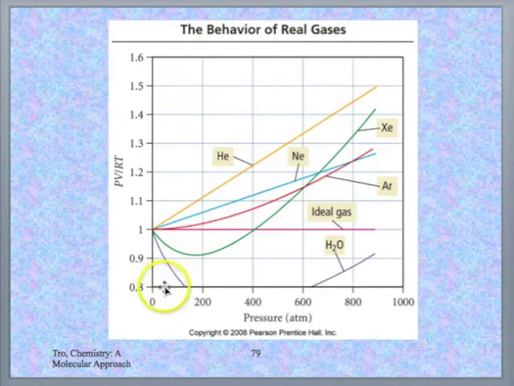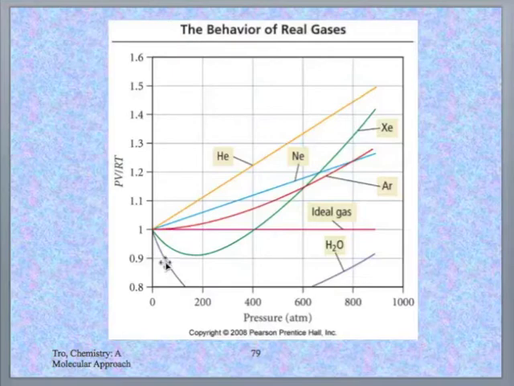Now here's what I was talking about. At lower pressures, we see water has quite a bit lower value of PV over RT than an ideal gas. So does xenon, this green line. And that's because water is well known for its stickiness, its attractions between particles. And ideal gases aren't supposed to have any attractions between particles. The green xenon line also shows attraction.